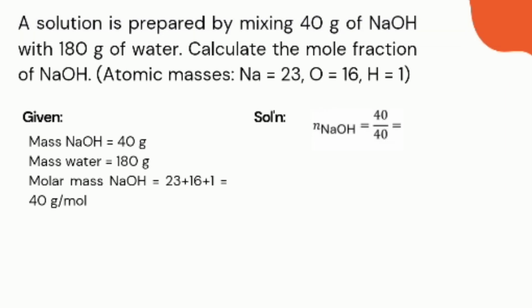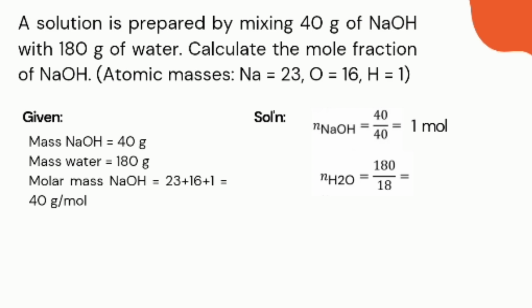sodium hydroxide. Solution. First, the moles of sodium hydroxide is equal to mass of solute, which is 40 grams, over molar mass of sodium hydroxide, which is 40 grams per mole, and the answer is 1 mole. Next, H2O or the water is equal to mass of solvent, or water, which is 180 grams over 18.